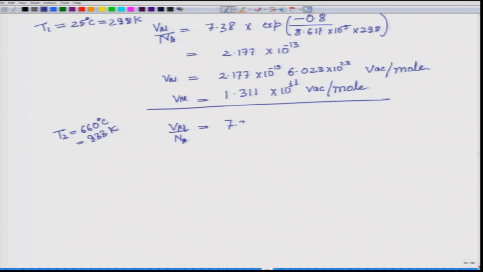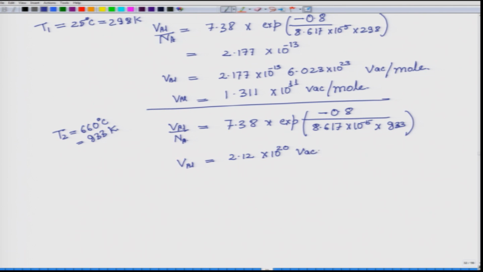This is 7.38 into exp minus 0.8, delta Hv is the same, and kB value remains the same, 8.617 into 10 to the power minus 5, and temperature is different, which is 933. And when you multiply it, what you get is 2.12 into 10 to the power 20 vacancies per mole.